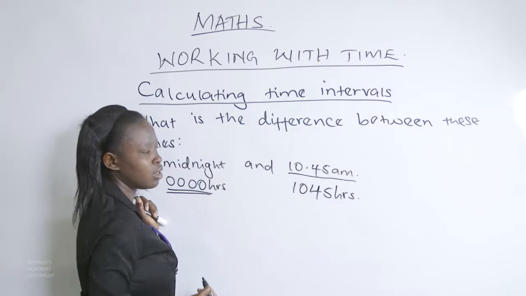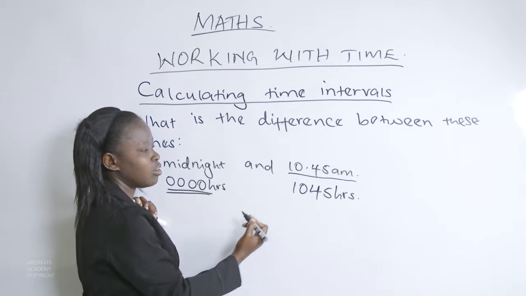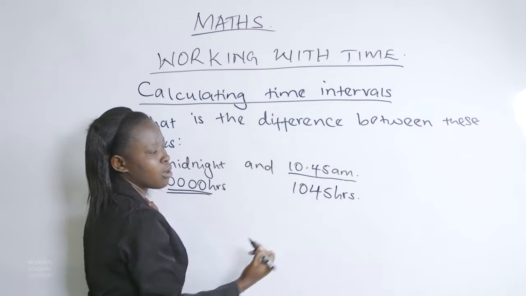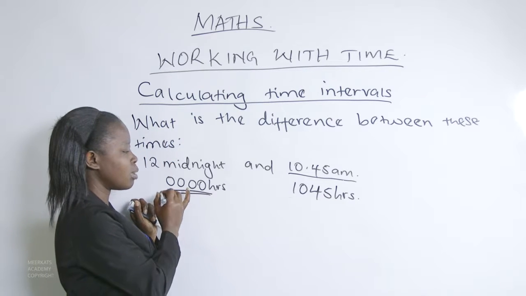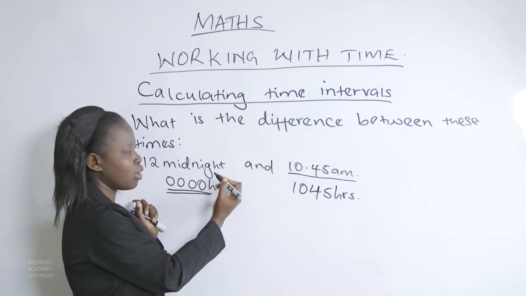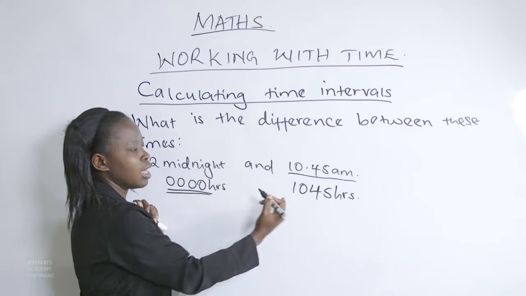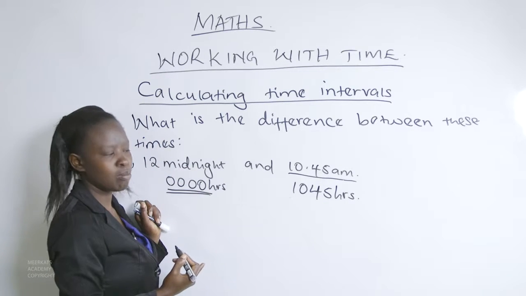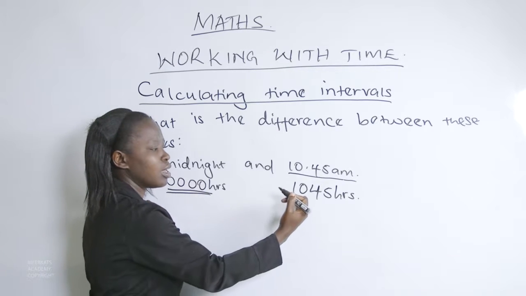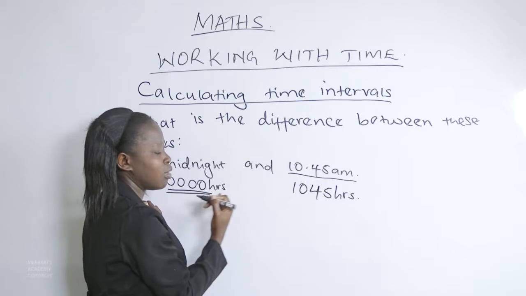So we need to get the difference between the two of them. Then it means 10:45 hours will be ahead of my 00 hours, because this is the start of the day and these are 10 hours 45 minutes past the morning.